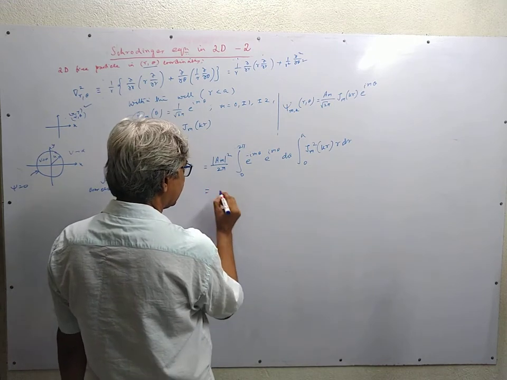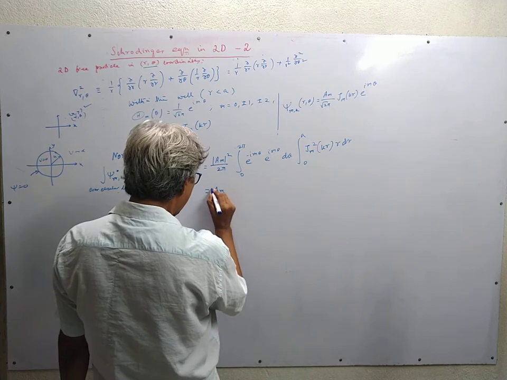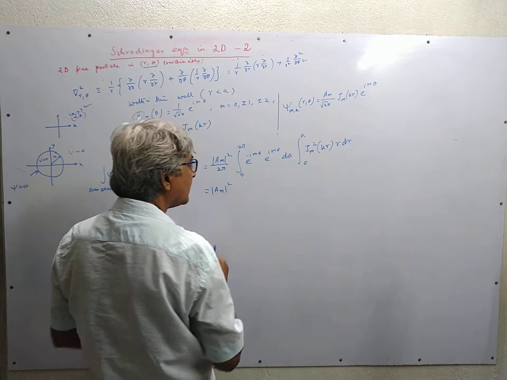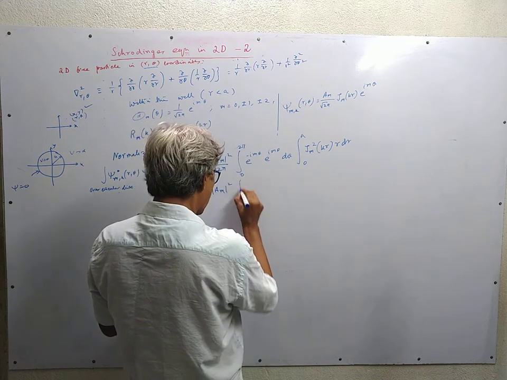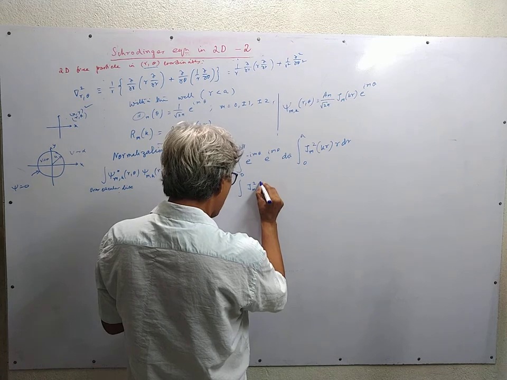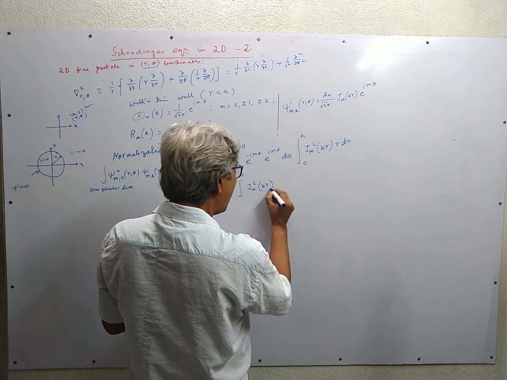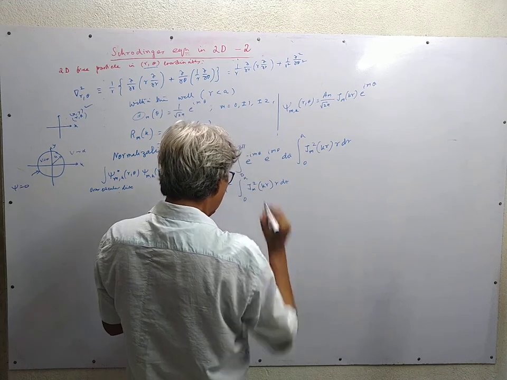One thing is that this will lead to 2π, so it is A_m squared, and then we will have J_m² kr r dr from 0 to a.